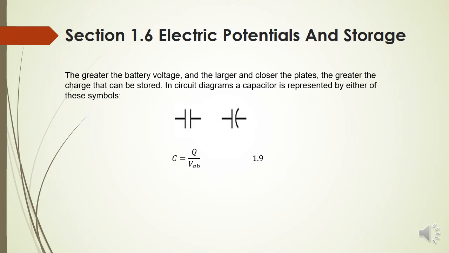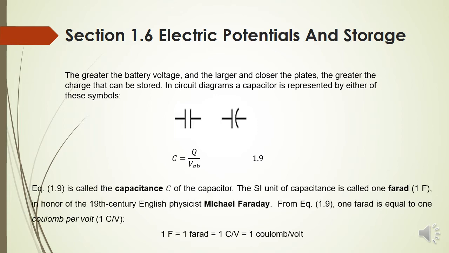This capacitance has a unit of farad in honor of the 19th century English physicist Michael Faraday. And 1 farad is equivalent to 1 coulomb per volt. So, remember that.